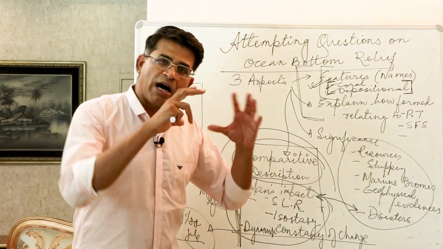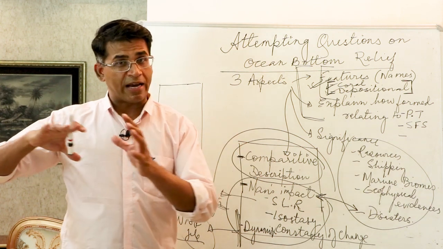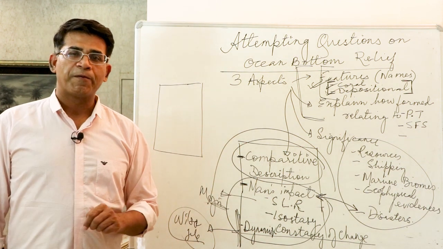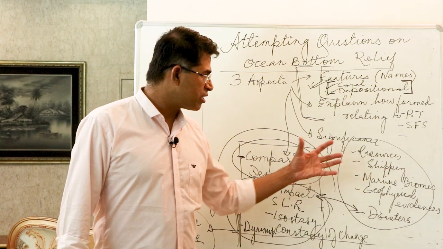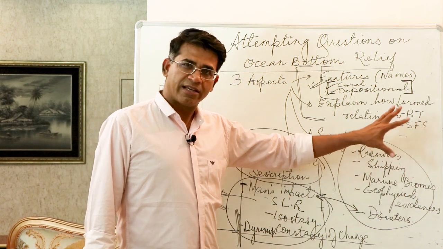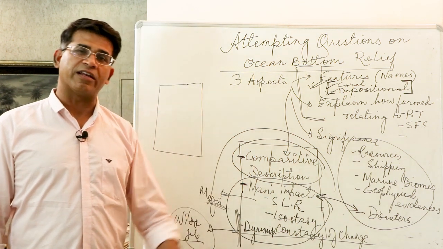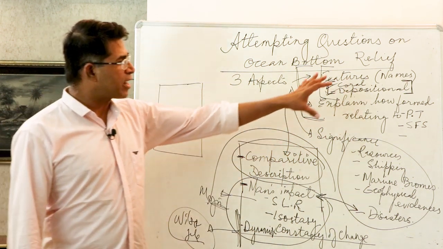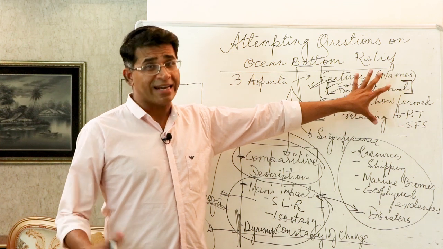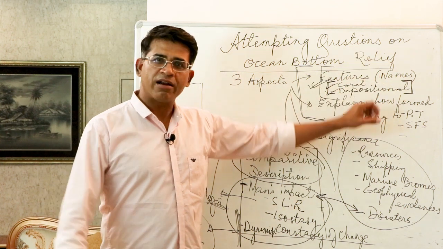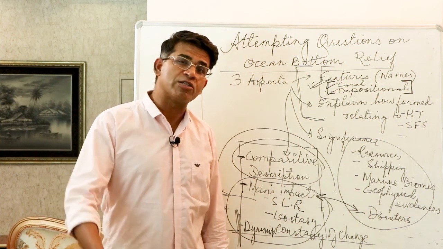How you're asked Pacific Ocean, but you end up relating with Atlantic Ocean. How you relate the features with the significance, economic significance, and even the geophysical evidence's significance. How you comment on the features being transient. Oceans are not permanent. Oceans can be destroyed.